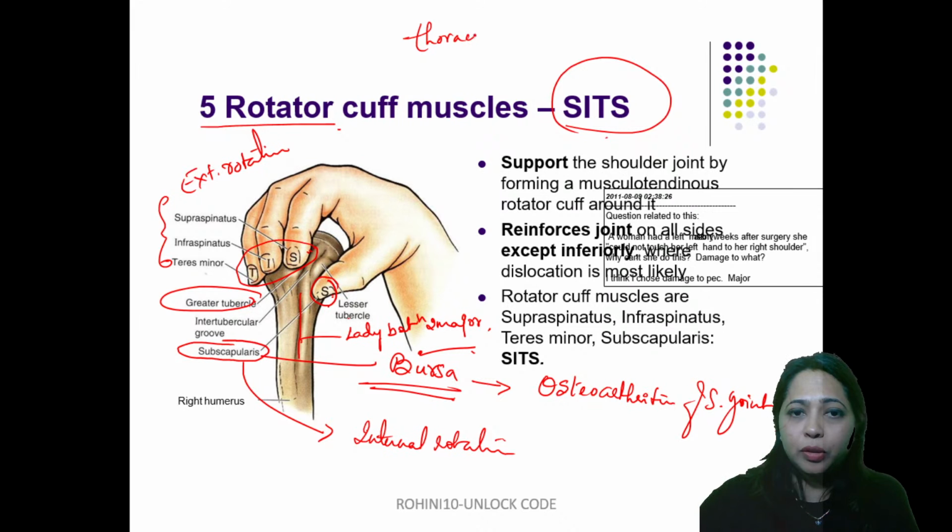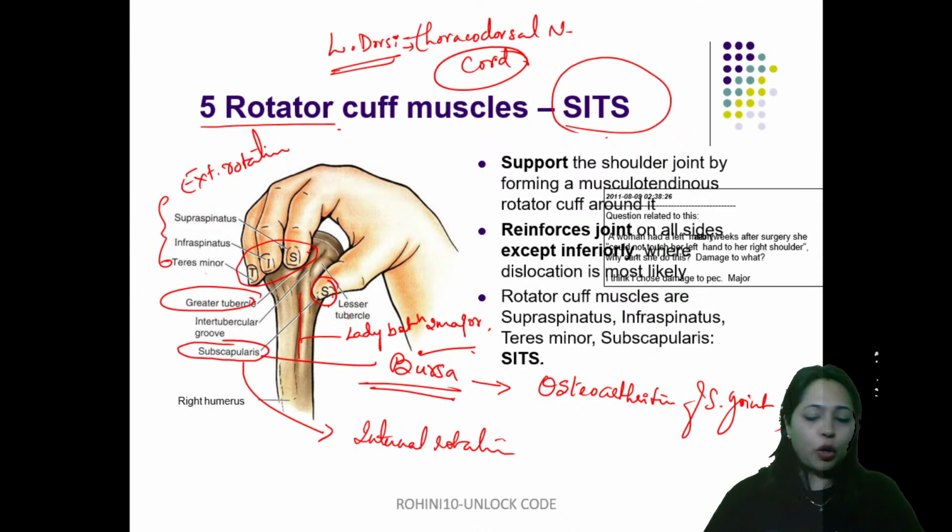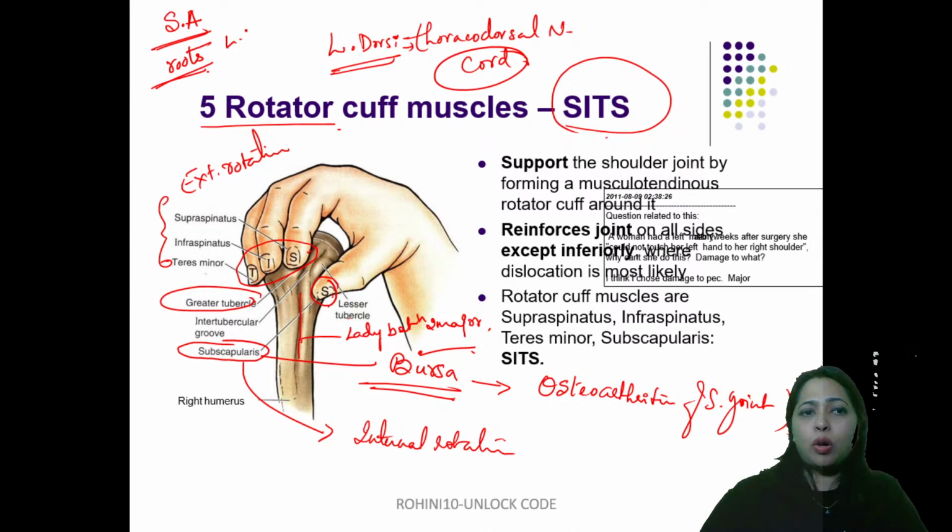Thoracodorsal nerve. So that is the supply of latissimus dorsi. And this one arises from the cord. Whereas there is only one important nerve, the nerve to serratus anterior, that arises from the roots. Remember, it arises from the roots. So that is the long thoracic nerve.